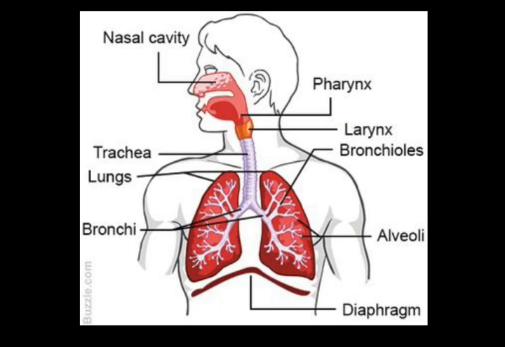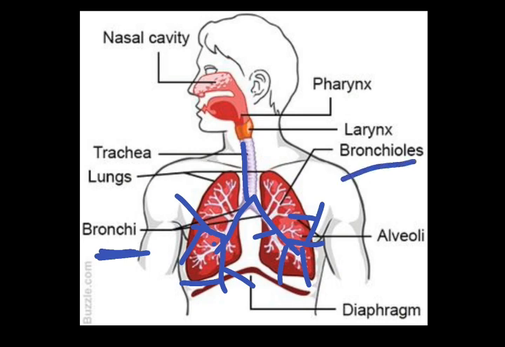Now this trachea is further divided into two bronchi. If one is there, we call it a bronchus; if two are there, we call them bronchi. These bronchi are further branched, and these branchings are called bronchioles.